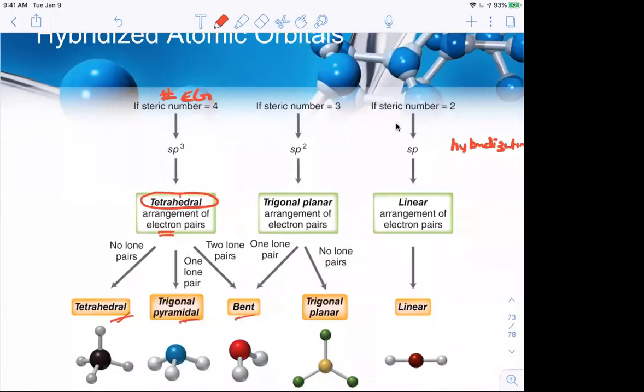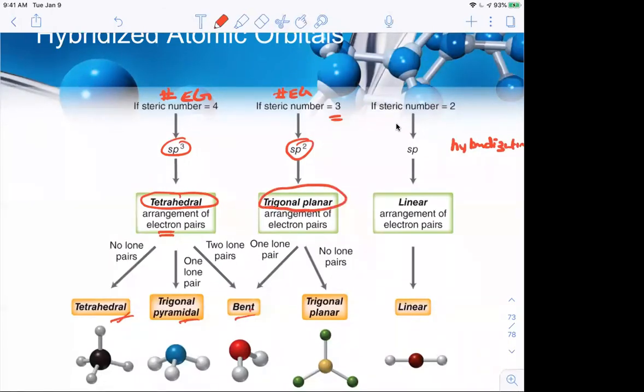But notice that anytime I have 4 electron groups, it's going to be tetrahedral, which means it's going to be sp3. If my electron groups is 3, that's going to be sp2, trigonal planar.